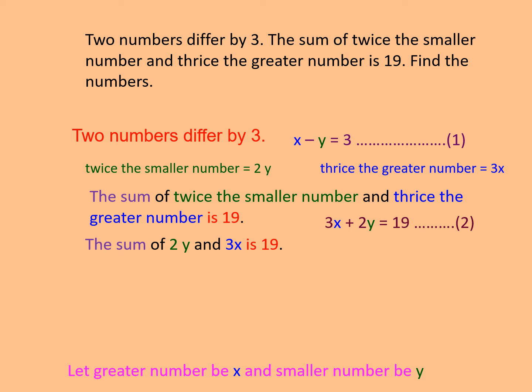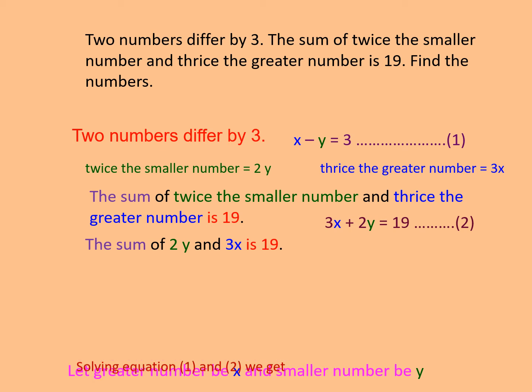Now you have a choice to solve these two equations by any method which you have learned: substitution method, equalizing the coefficient method, Cramer's rule. If you want to go further, you can even use the graphical method. No issue. All these methods will give you the same answer. So the choice is yours.